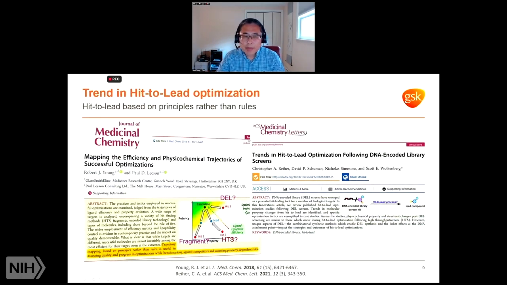There are 2 papers, a nice paper recently published that study the trend of hit-to-lead trajectory for ELT hits. And overall, it shows the ELT hits and HTS hits and fragments, they may follow a different trajectory.